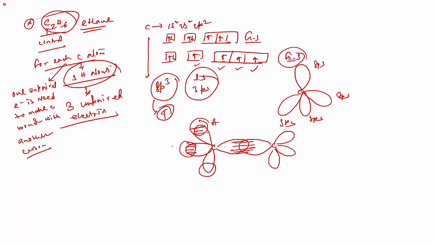This is for a hydrogen atom, and this is also for a hydrogen atom. Similar for the other carbon also. Okay, so this is sp3 hybridization, and this is also sp3 hybridization. So each carbon will have tetrahedral geometry.